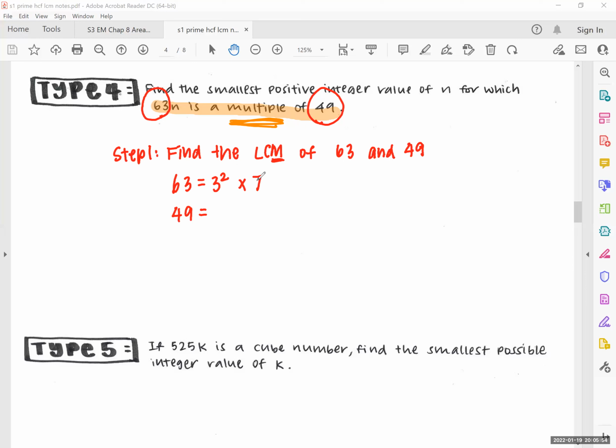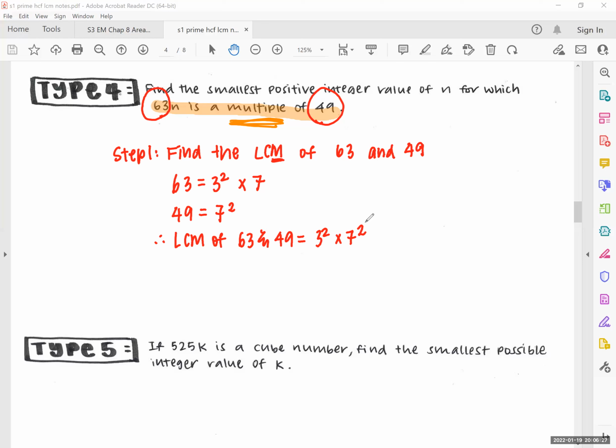What about the index notation of 49? Yep. Hence, from here, what is the LCM of 63 and 49? The LCM is 3 to the power 2 times 7 to the power 2. That gives you 441, but we always leave it in index notation.